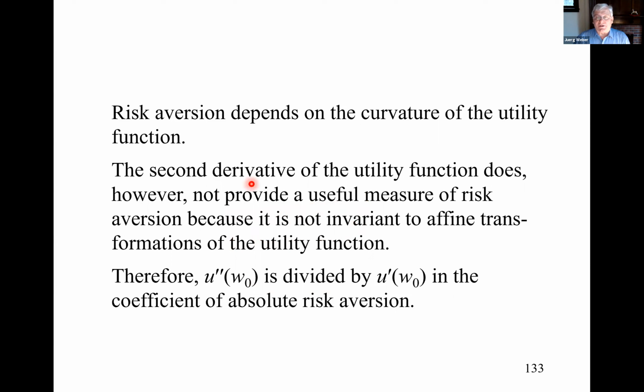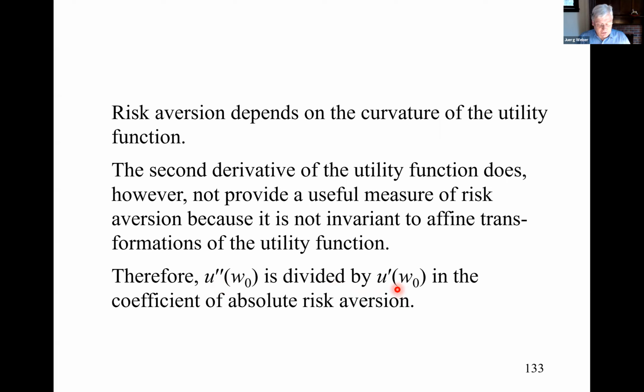The second derivative of the utility function does not provide a useful measure of risk aversion because it's not invariant to affine transformations, and also not invariant to linear transformations, but more correctly actually to affine transformations. Therefore, we divide the second derivative by the first derivative, and then if you have an affine or a linear transformation, the coefficient of risk aversion will not change.